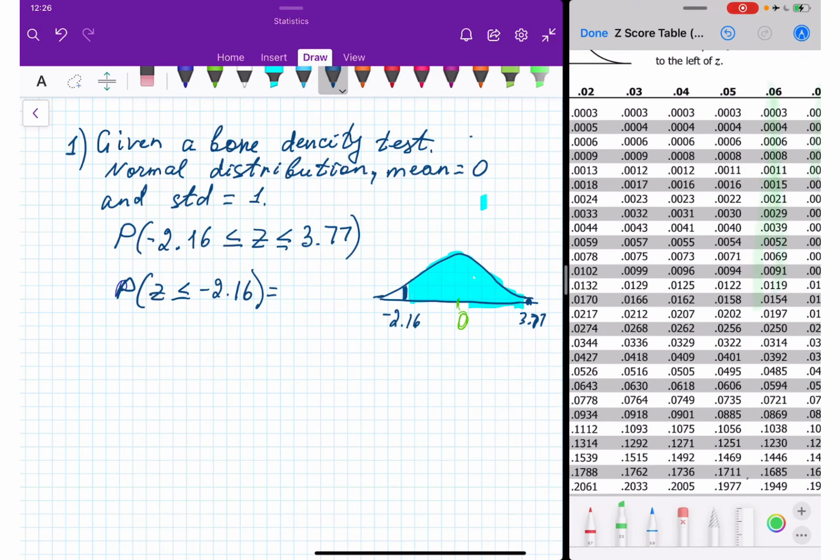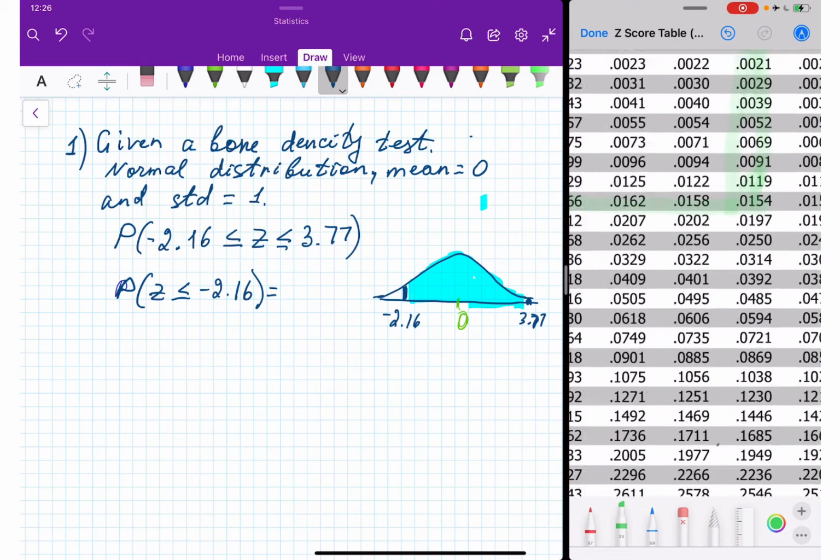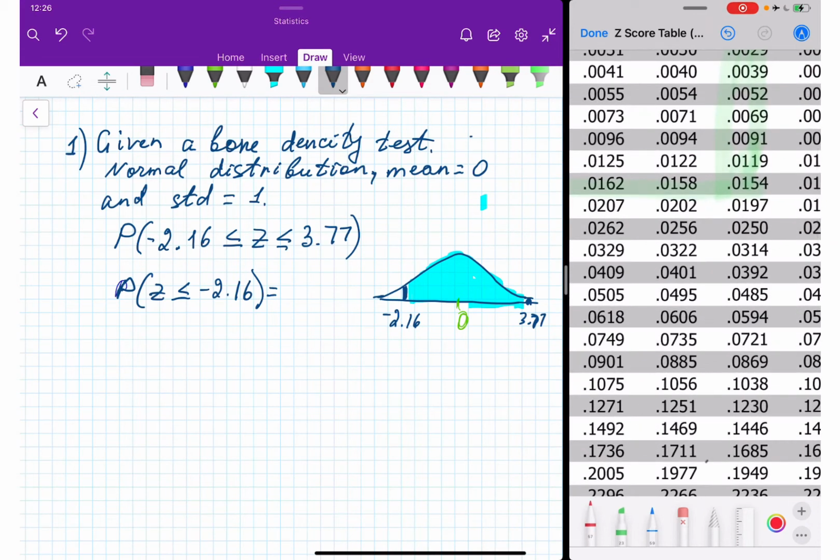Here it is: 0.0154. And then the probability for z-score less than or equal to 3.77.